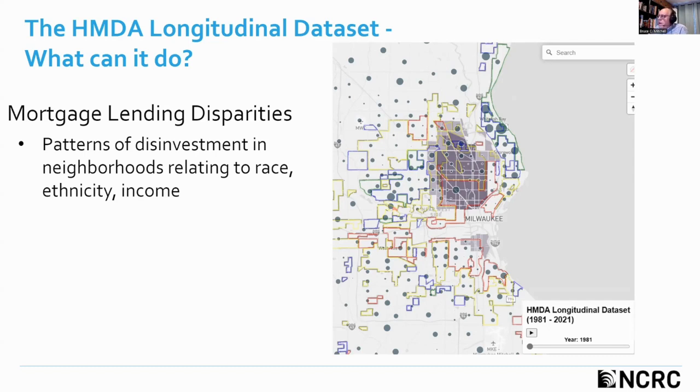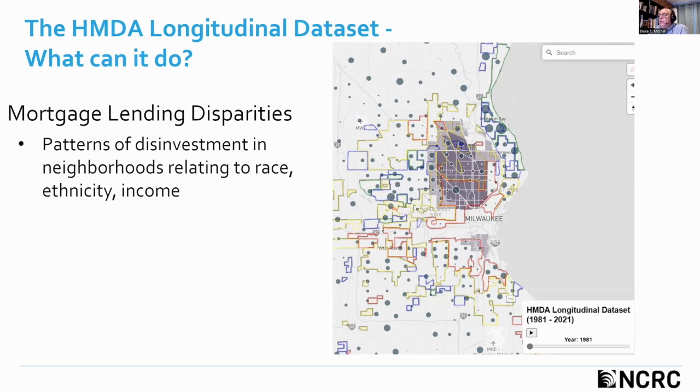Additionally, what you can see here are the bubbles. The round bubbles indicate the relative number of mortgages that are made at the census tract level within the city. Additionally, the dark purple and light purple indicate the proportion of minorities living in these areas of Milwaukee. The slider on the right-hand side enables you to look at the data year by year from 1981 to 2021.